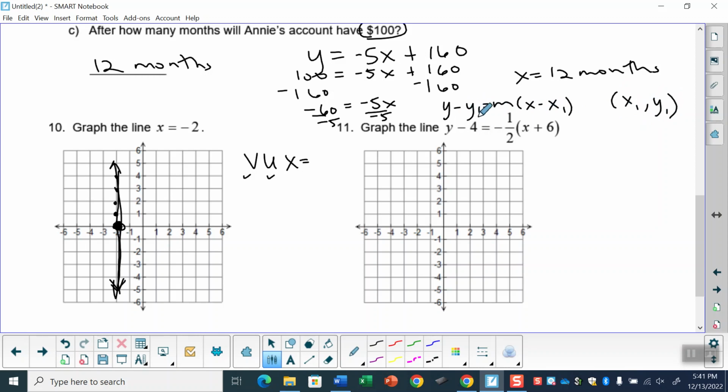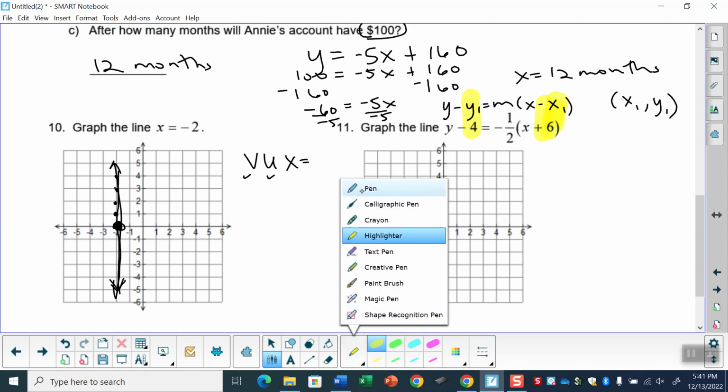So what that means is that y1 is 4, right? And x1 is going to, notice it's this minus x is turned into plus 6.